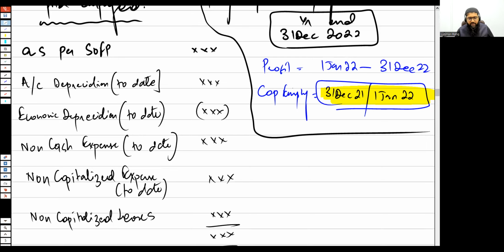So what used to happen was that there was an operating lease and a finance lease. The operating lease was not capitalized as an asset. The finance lease was capitalized as an asset.